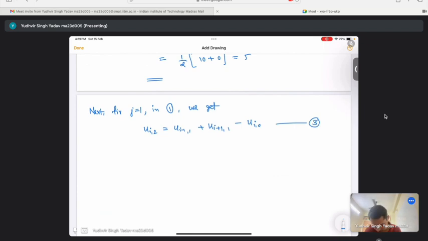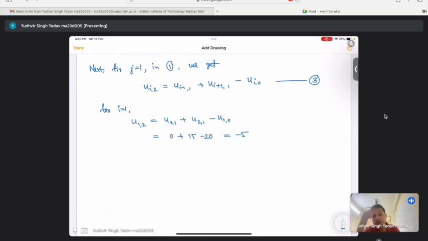And again, we will just keep on changing these values. So for i equals 1, we have u1,2 equals u0,1 plus u2,1 minus u1,0. That is 0 plus 15 minus 20, which will be minus 5.